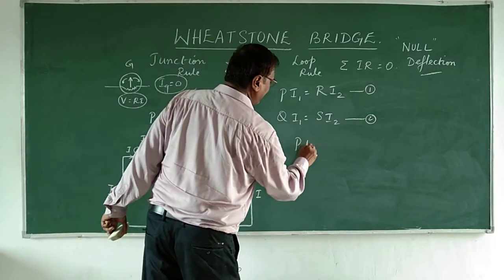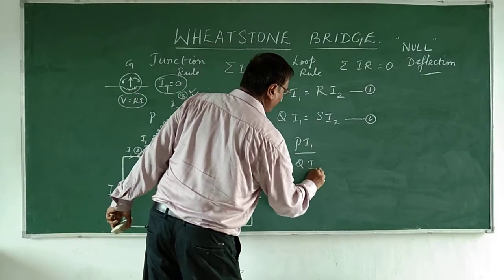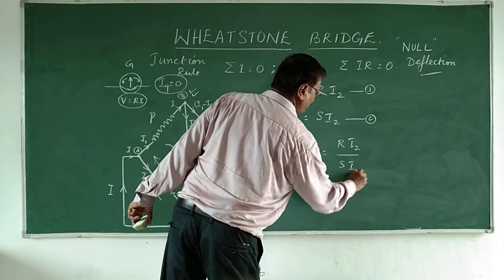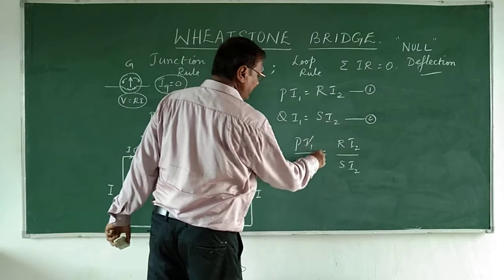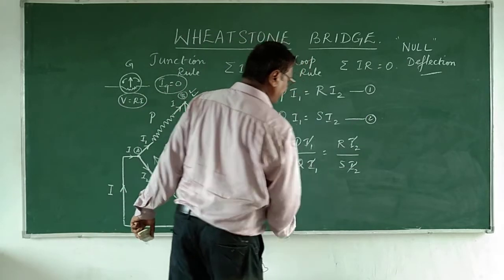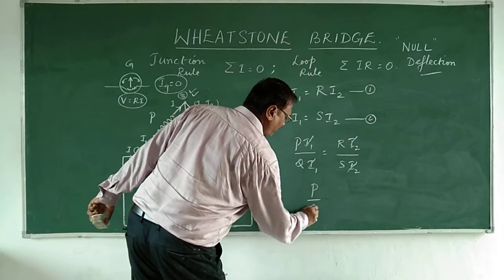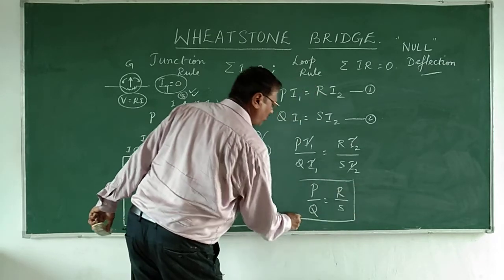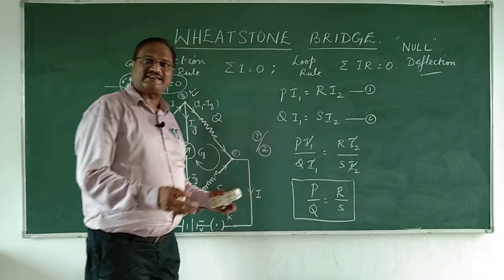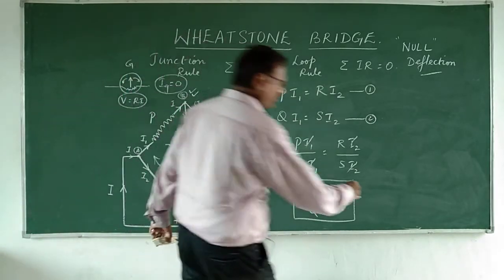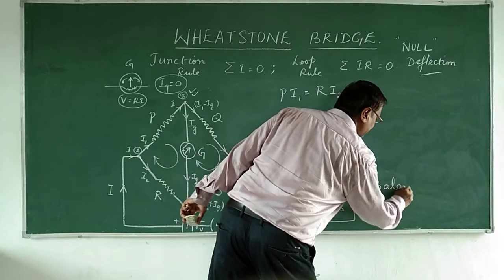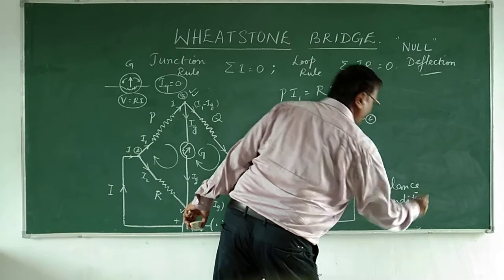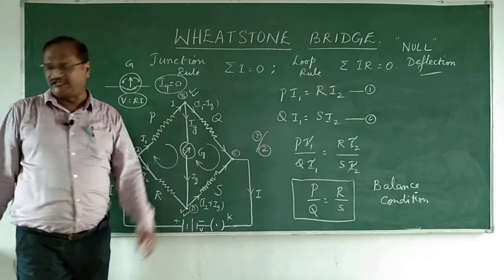That is Pi1 upon Qi1 is equal to Ri2 upon Si2. That is I1 gets cancelled, I2 gets cancelled. You get P upon Q is equal to R upon S. And this is called Wheatstone balance condition. This is referred as balance condition.